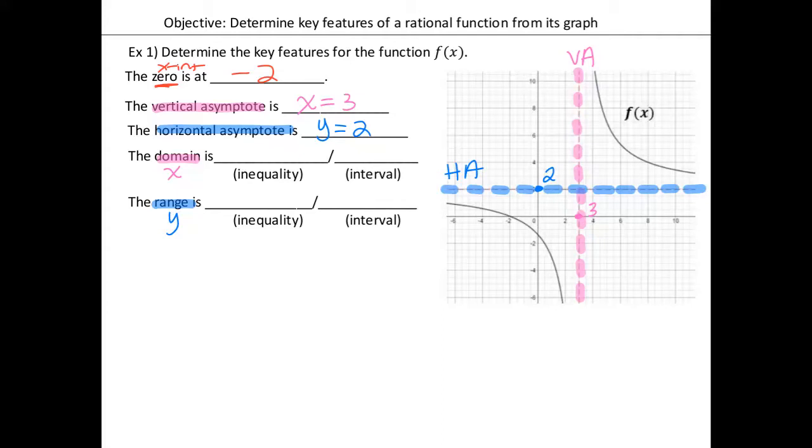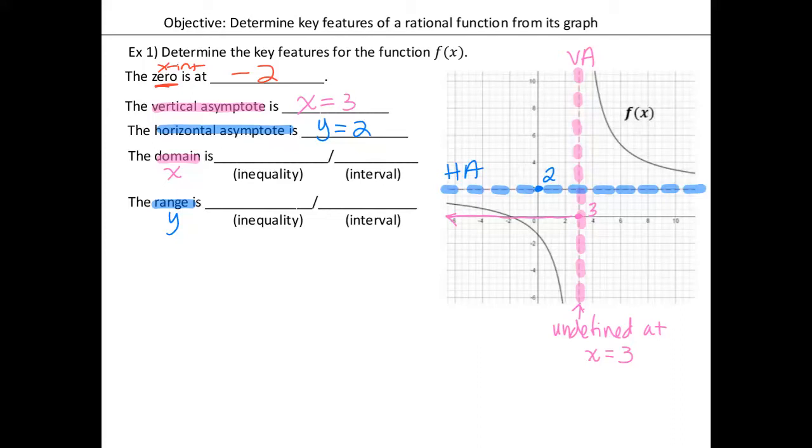So the only value that this is undefined for is 3. So these are undefined at x equals 3. The domain is all values except 3. If I look at the x-axis, it can be all of these values, like 2, 1, 0, -2, -4, -10. It keeps going.